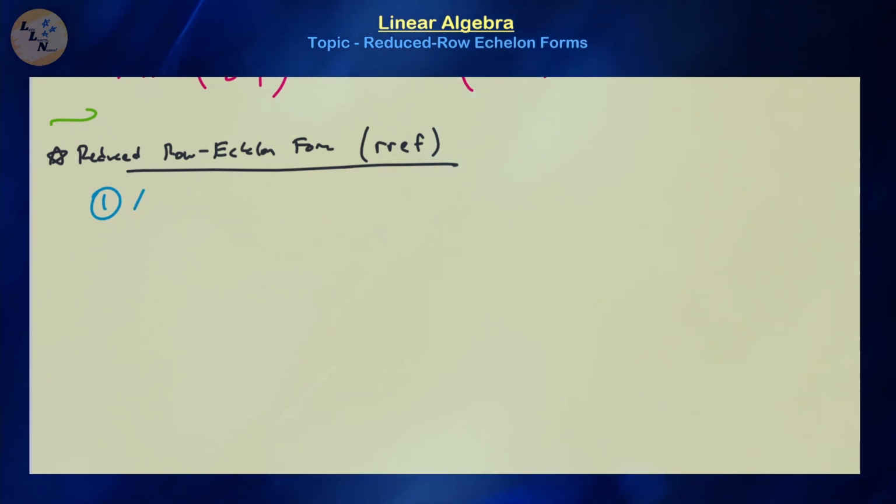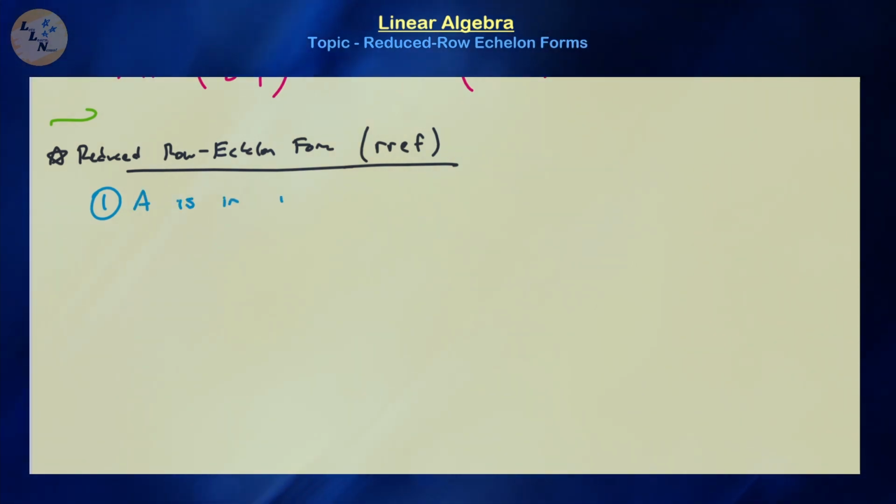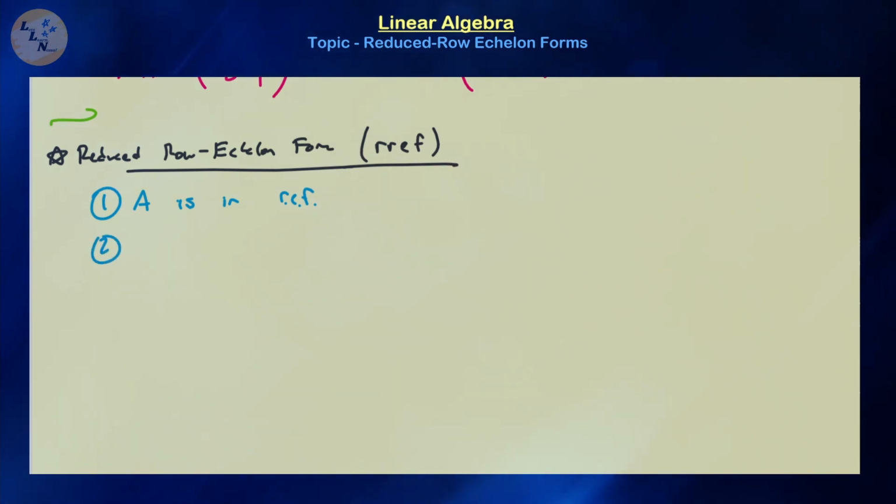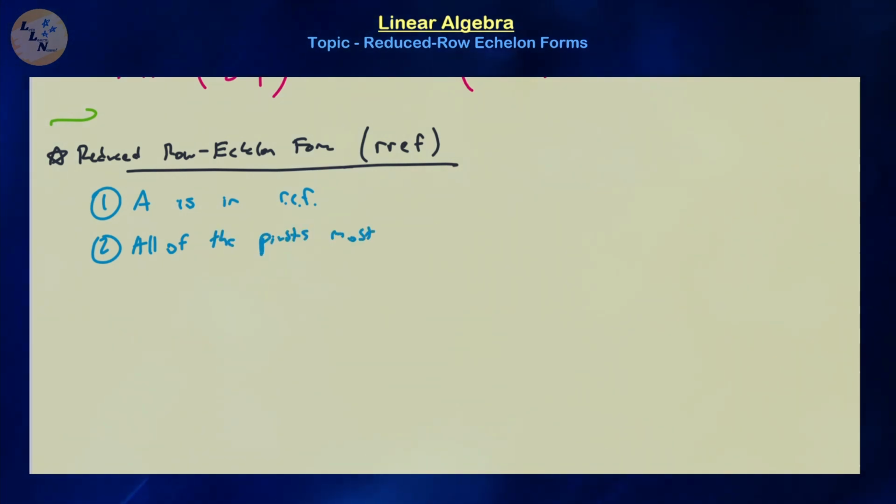Requirement 1: A must be in row echelon form. So it requires all the 0 rows to be at the bottom and all of the leading coefficients of the non-zero rows to be stacked from left to right. Second, all of the pivots must be equal to 1, right? That should remind you of Gauss-Jordan elimination.